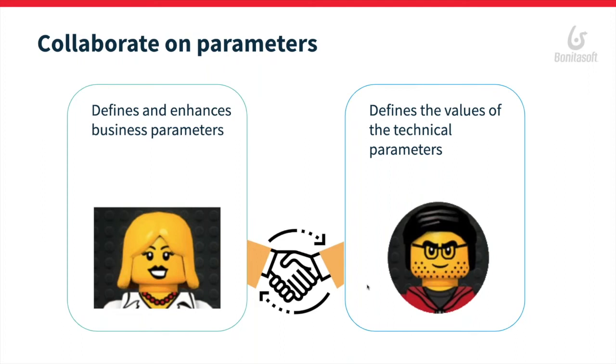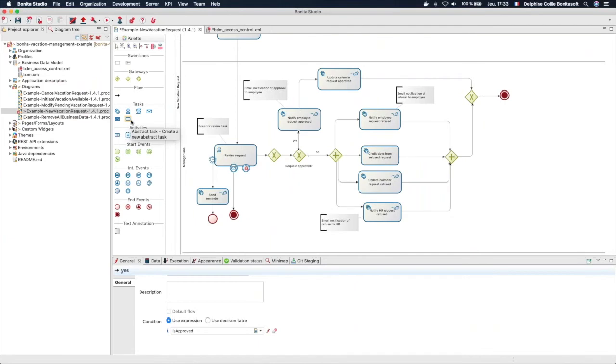In Community Edition, you will have to release a new version of the process. Let's go to the studio, and let's have a look at the parameters. We are going to the configuration panel.